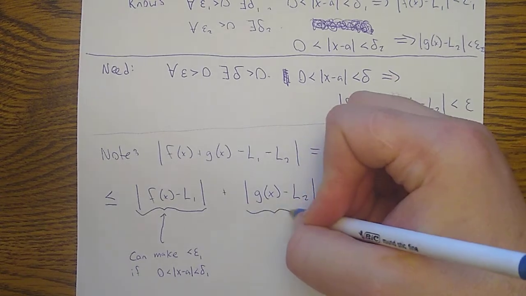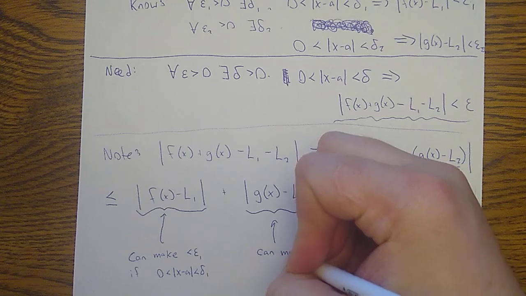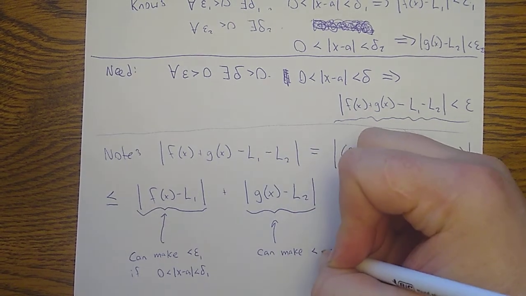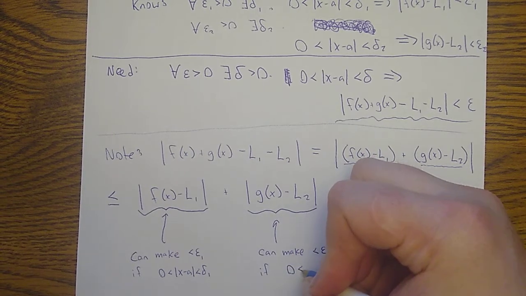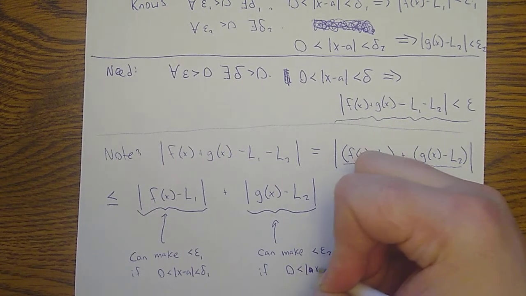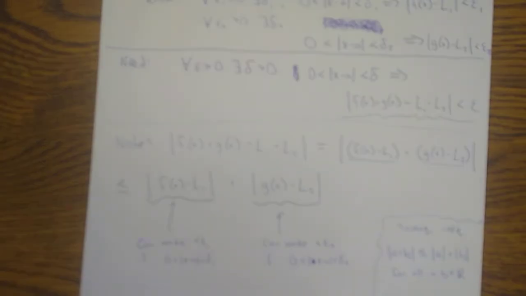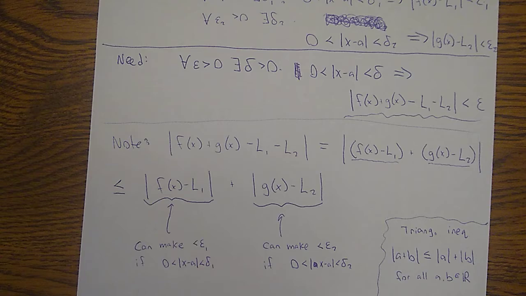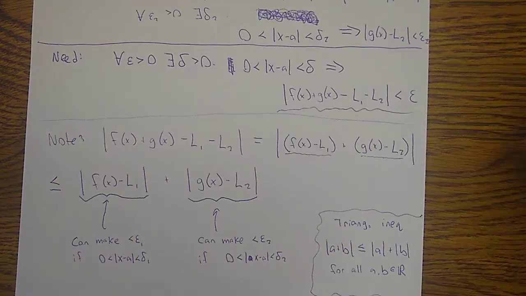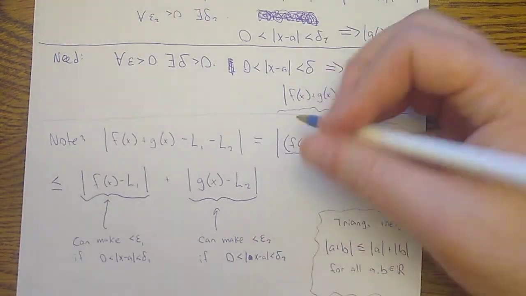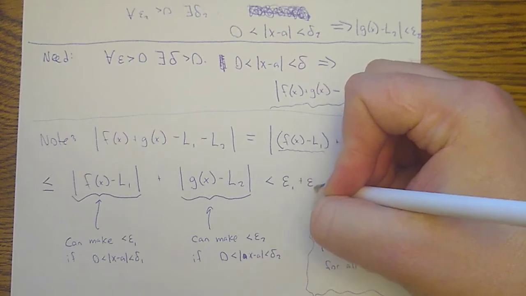And similarly, I can make this one smaller than epsilon 2 if x minus a in absolute values is between 0 and delta 2. So then if that's the case, this would be smaller than epsilon 1 plus epsilon 2.